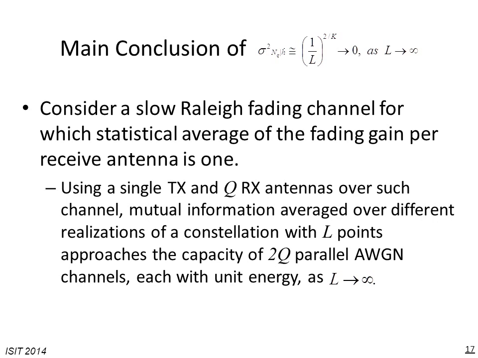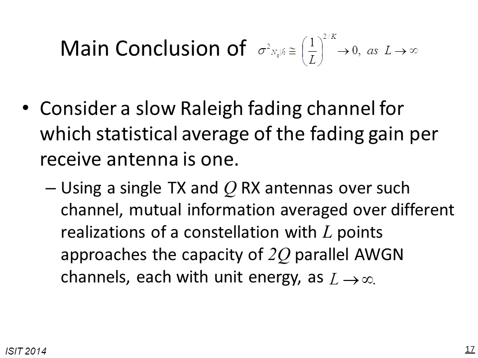Now here we come to the main conclusion of the article: if we have a slow Rayleigh fading channel, slow here means static. In other words, the channel does not change over one realization of the coding block, over one coded block. And the statistical average of the fading gain per receive antenna is 1.